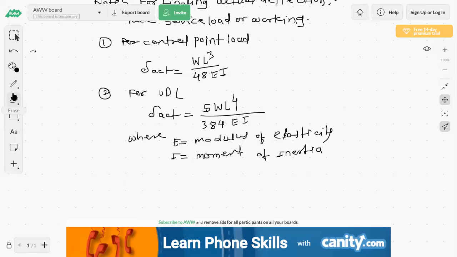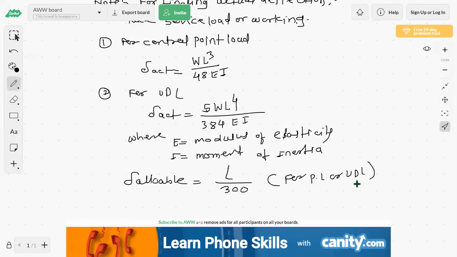Okay, so that is the delta actual. Now we have to calculate delta allowable. Delta allowable is L divided by 300 for point load or UDL, for both.